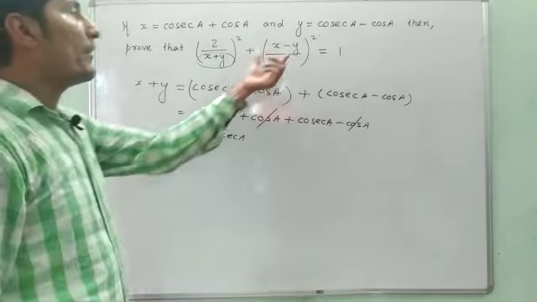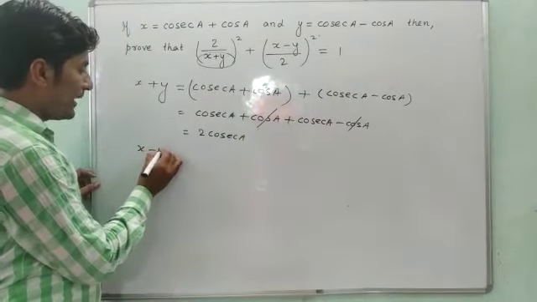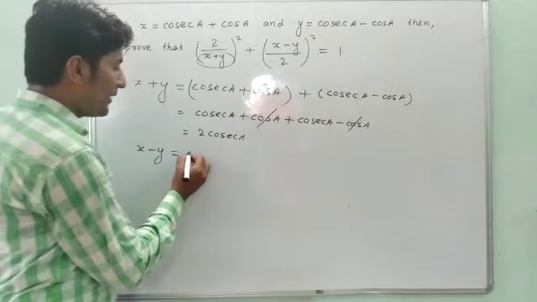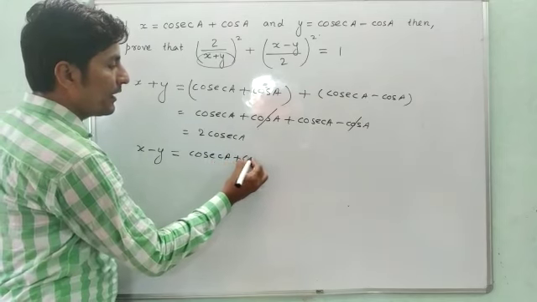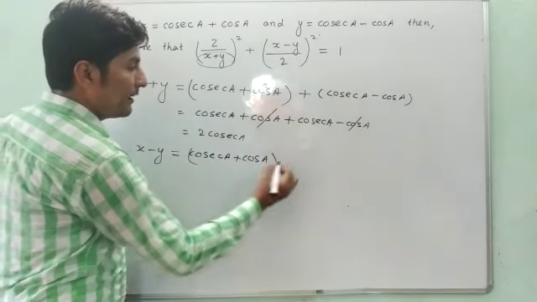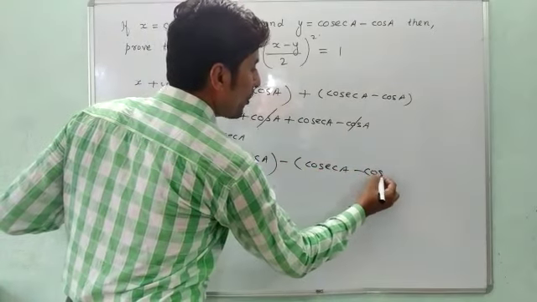Similarly, we have to find the value of x minus y also. We put the value of x, which is (cosec a plus cos a) in the bracket, minus will be as it is, next (cosec a minus cos a).